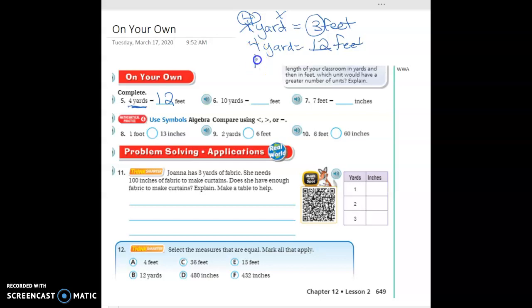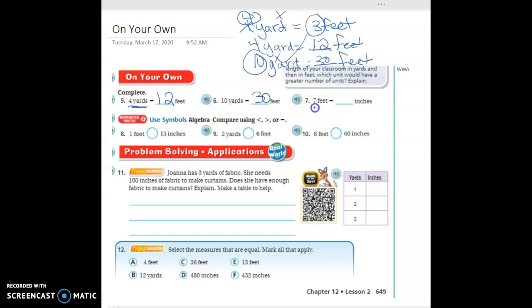Again, we do something similar. 10 yards equals how many feet? Well, we know that 10 times 3 is 30. So this would be 30 feet. I want you to pause and try to figure out this one on your own.